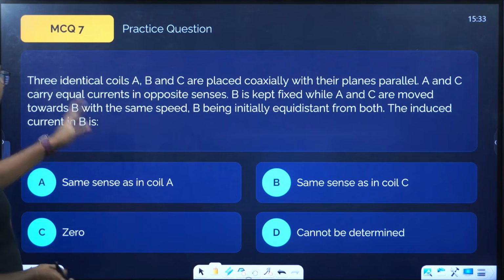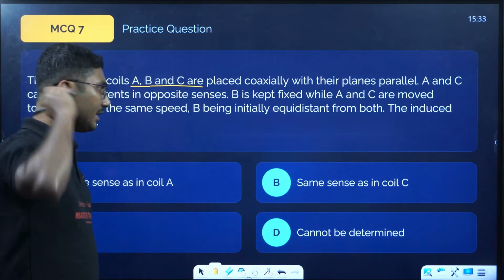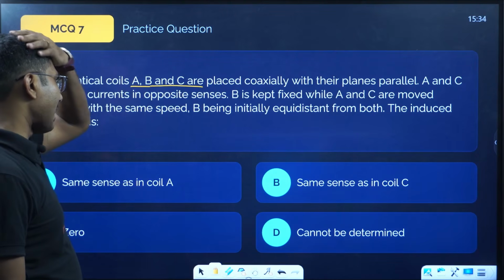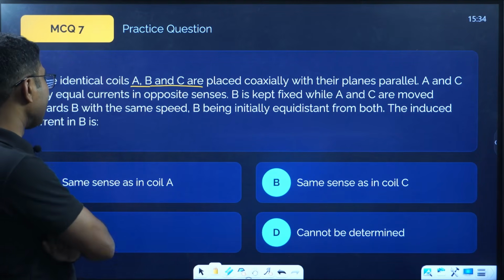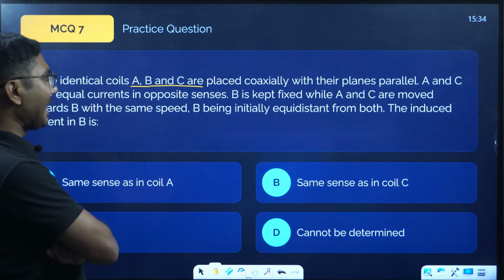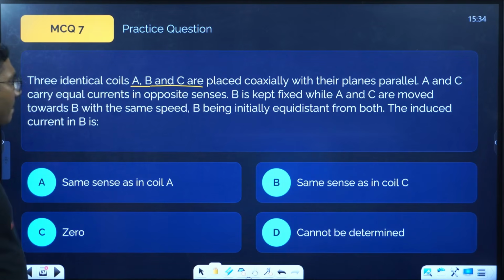Okay, 3 identical coils A, B, C are placed coaxially with their planes parallel. A and C carry equal currents in opposite senses. B is kept fixed while A and C are moved towards B with the same speed.